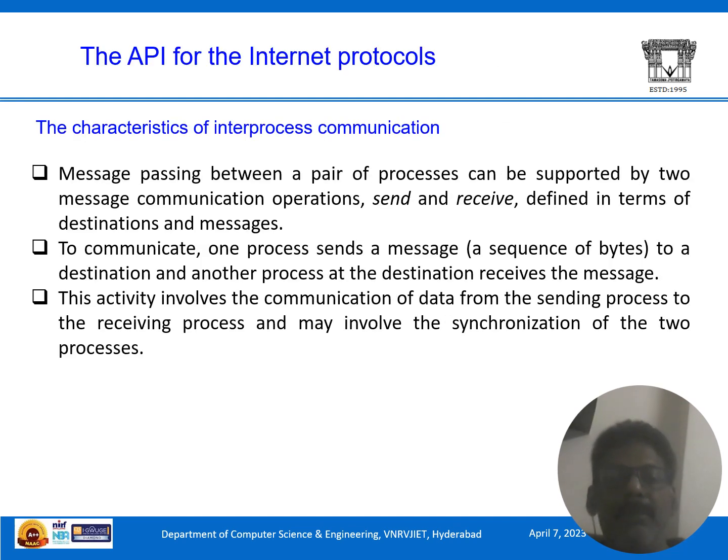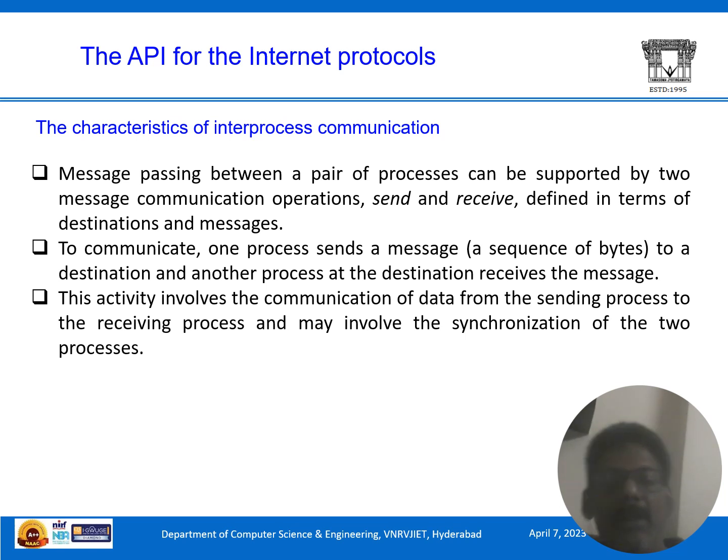The characteristics of interprocess communication: message passing between a pair of processes can be supported by two message communication operations, send and receive, defined in terms of destination and messages. To communicate, one process sends a message to a destination and another process at the destination receives the message.